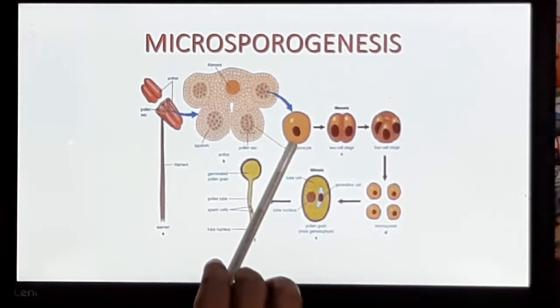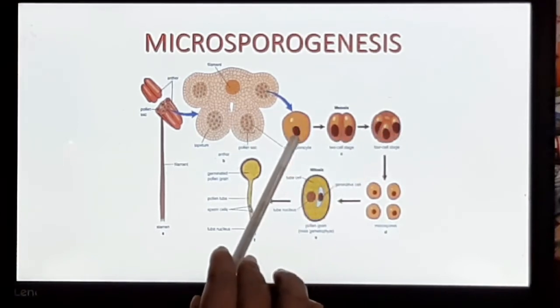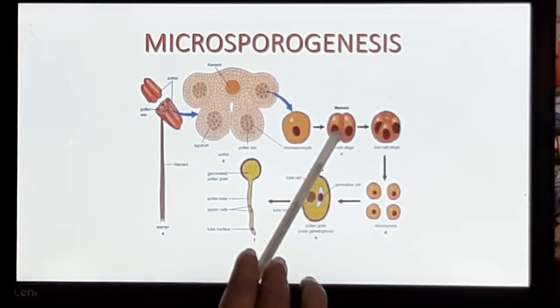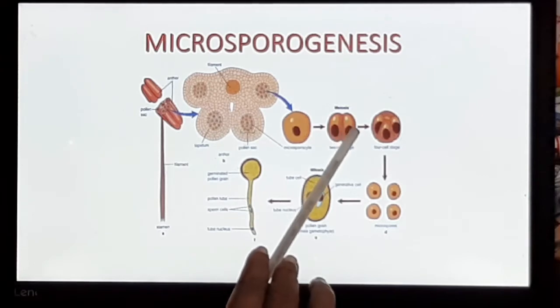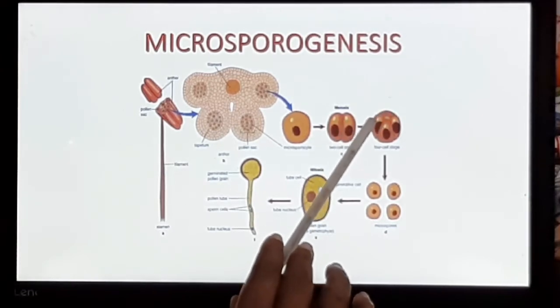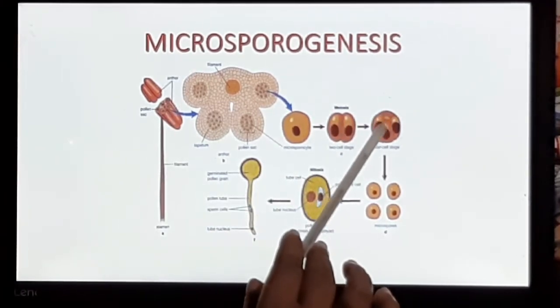It undergoes meiosis to form a cluster of 4 cells. That is, first this pollen mother cell undergoes first meiosis and it results in the formation of 2 cells. Then the second meiosis leads to the formation of 4 cells. This is called microspore tetrad.